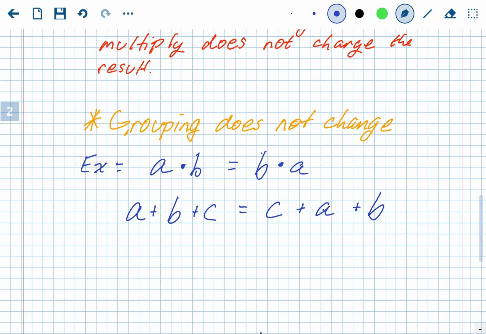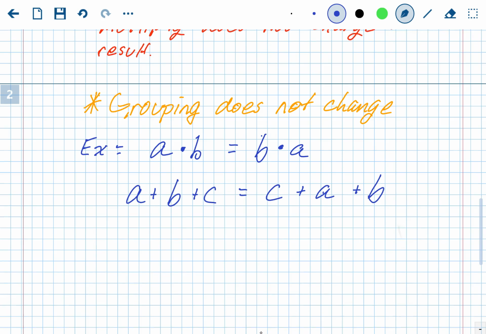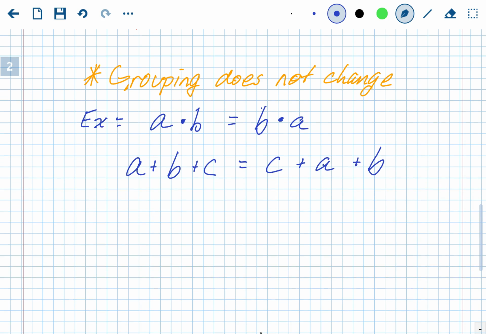Now, if there are grouping symbols, this is where people get confused. A lot of people, they see parentheses, they automatically think it's the associative property. But if you see something like A plus B plus C equals B plus A plus C, that's actually not the associative property. Or that is the commutative property, sorry. That's not the associative property.